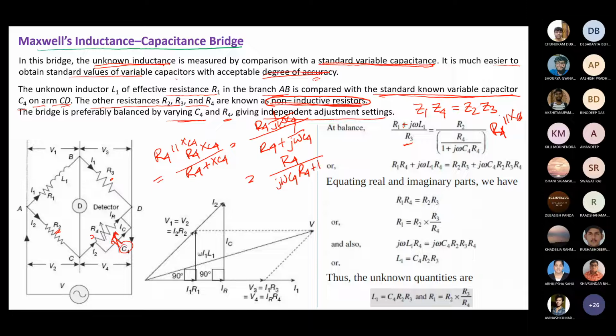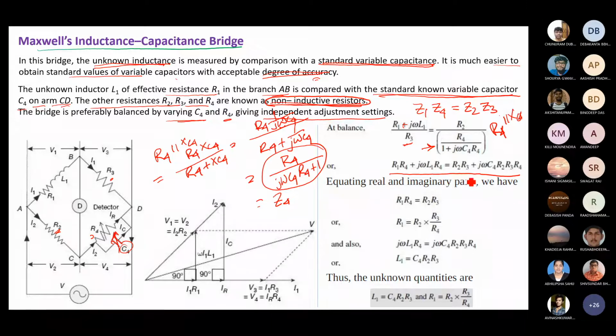I hope all of you understand. That is directly written over there, that is Z4. Now they are cross multiplying, and after cross multiplying you will get an identity.